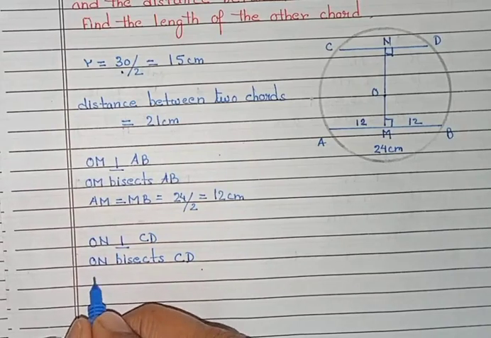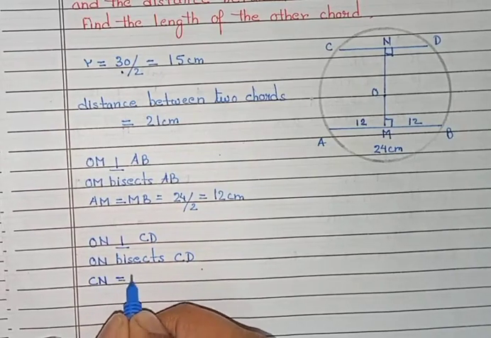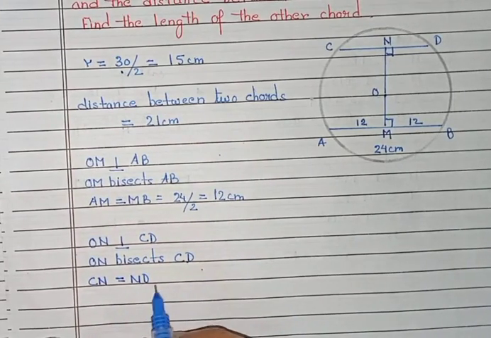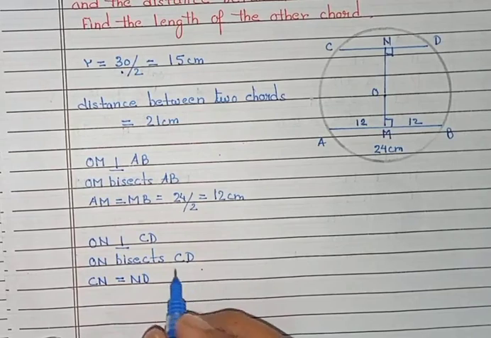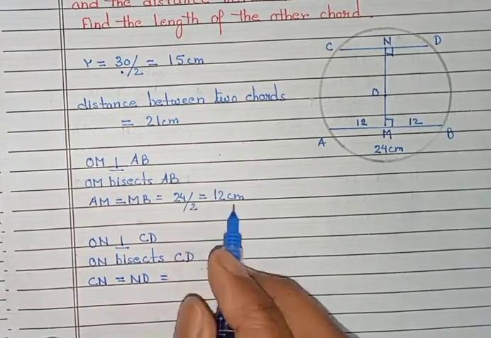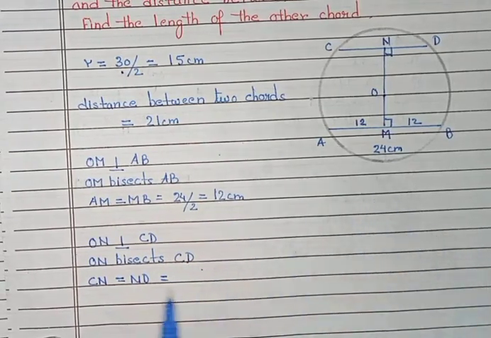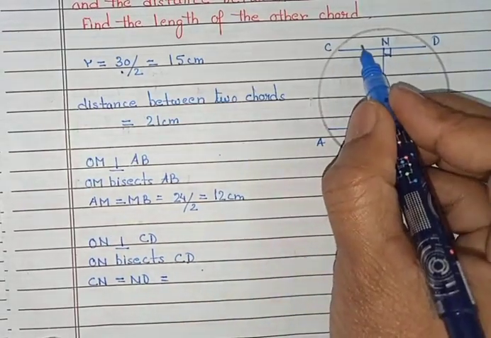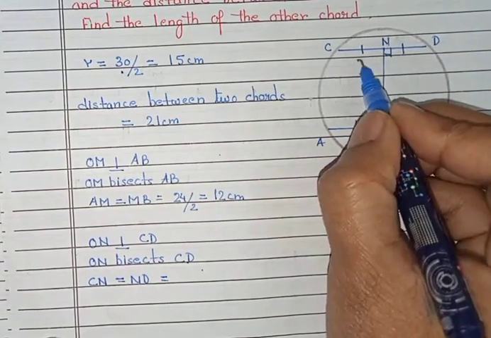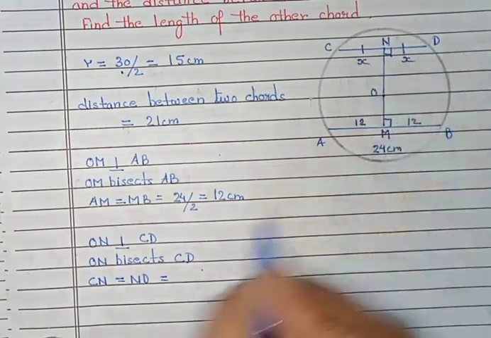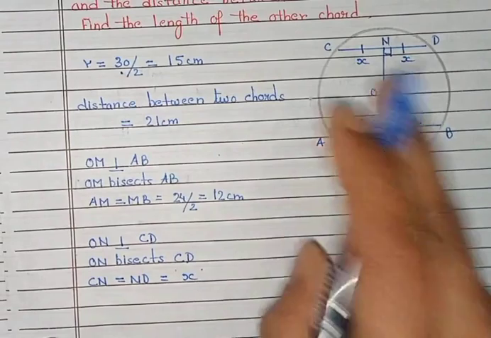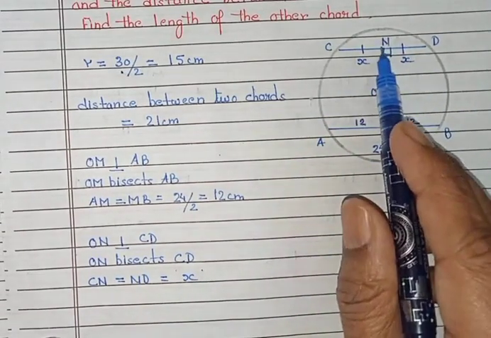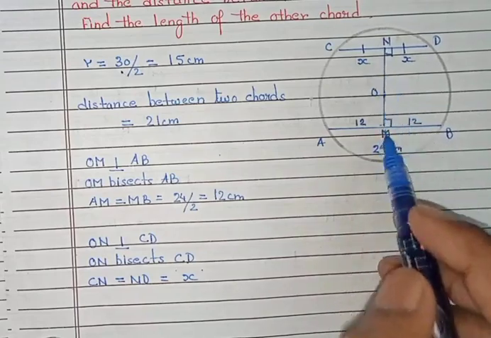So you can say CN is equal to ND. That is equal to, now length of CD is unknown, but we have got to know that these two parts will be equal, so let them be marked as X. Okay, now very important thing is distance between the two chords is given as 21.